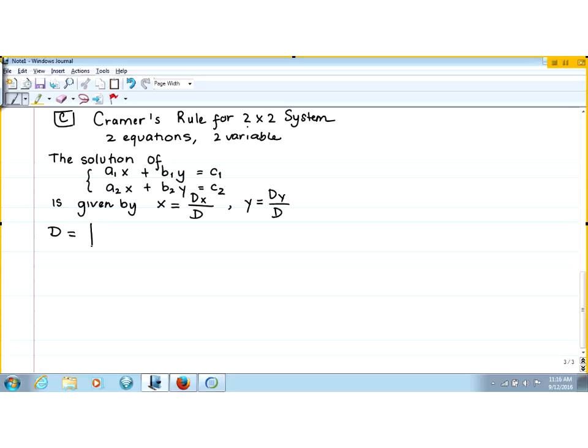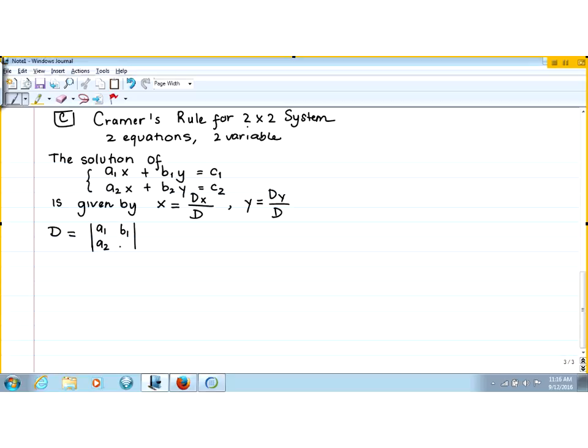So d, this is the determinant of the coefficients of x and y. So, what are the coefficients of x and y? A1, A2, B1, B2.